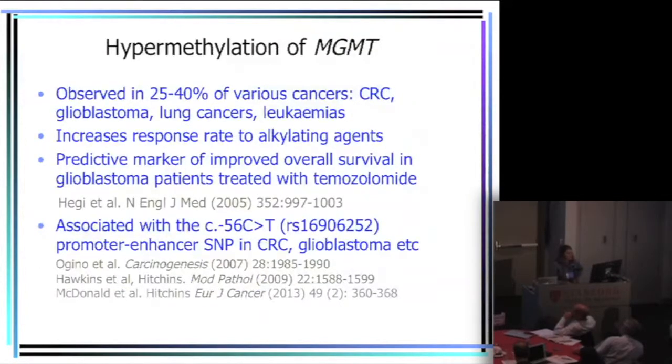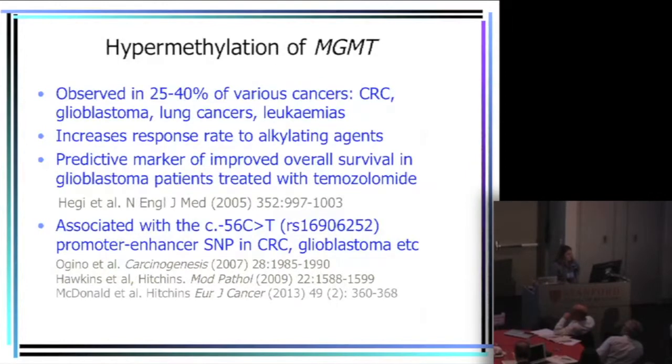So MGMT and its hypermethylation, just a little bit about this gene. It's observed in a high proportion of cancers, 25 to 40% across the spectrum: colorectal cancer, glioblastoma, lung, leukemias, you name it, it's found. It increases response rate to alkylating agents, and for glioblastoma, it's a predictive marker for an improved overall survival in patients treated with the alkylating drug temozolomide.